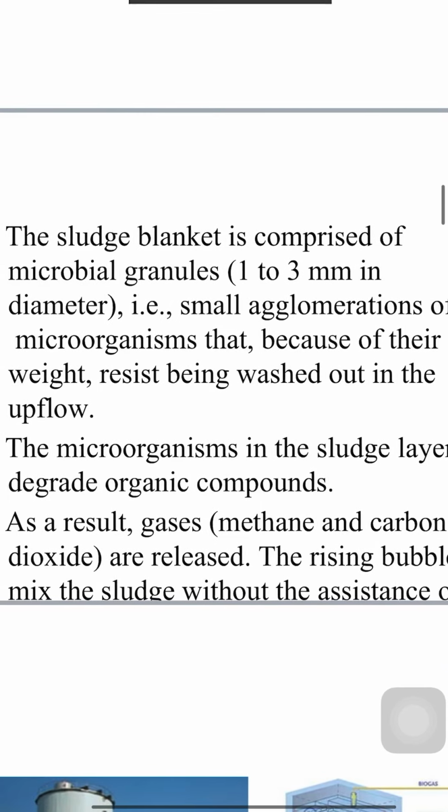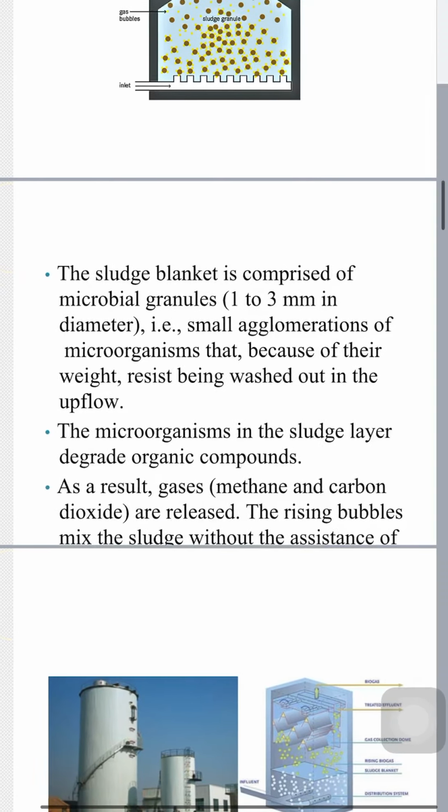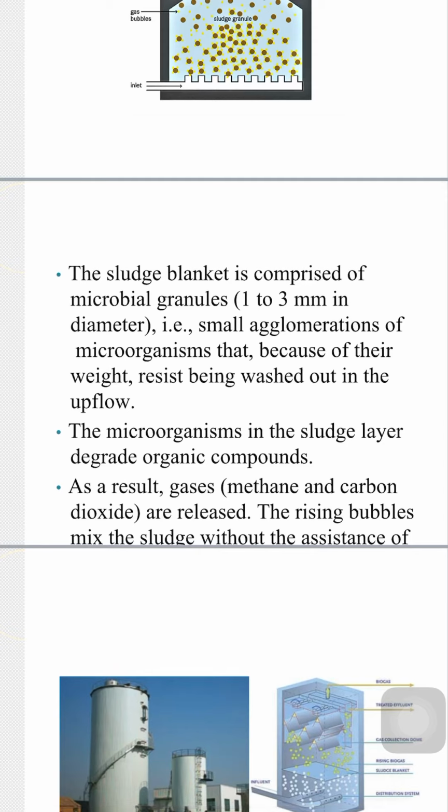The sludge blanket is comprised of microbial granules with a diameter of 1 to 3 mm, small agglomerations of microorganisms that, because of their weight, resist being washed out in the upflow.